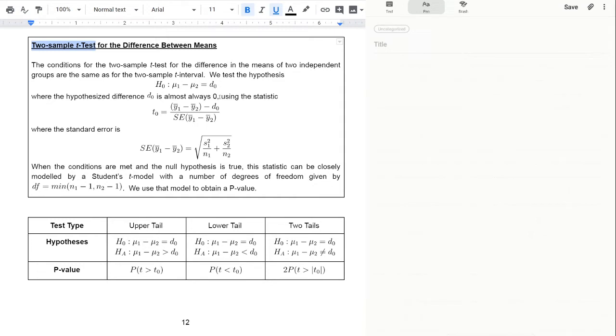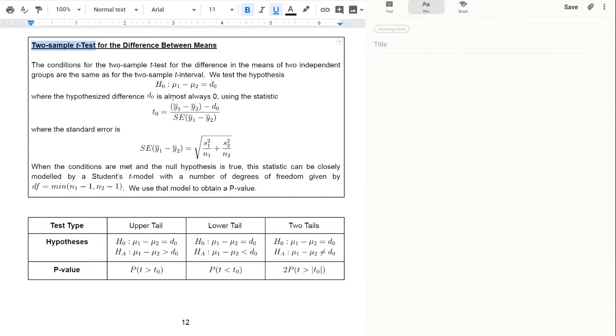Now, there are some situations where you may know what the difference should be between the two population means, but generally we will typically let the value be equal to 0. Okay, so we will hypothesize that there is no difference between the two population means, so that mu1 minus mu2 would be equal to 0.